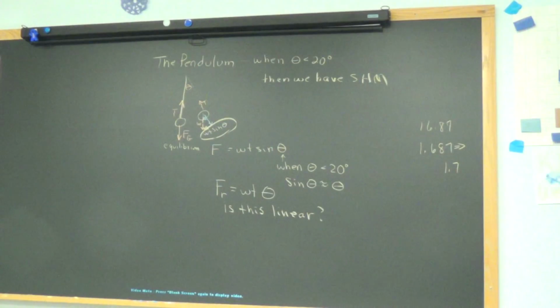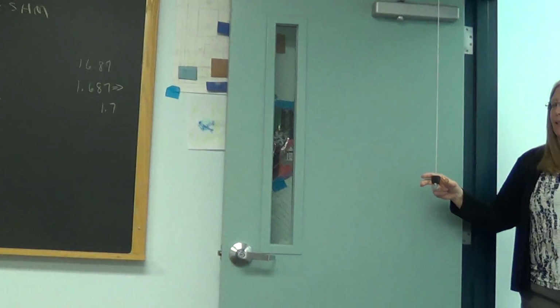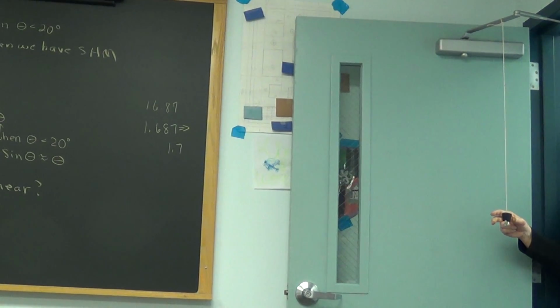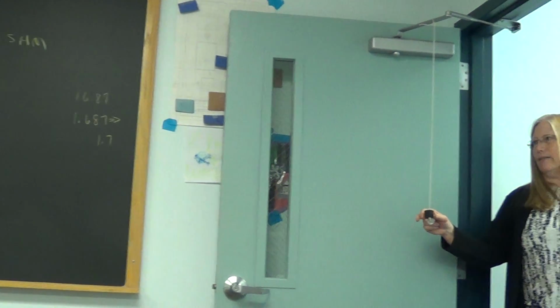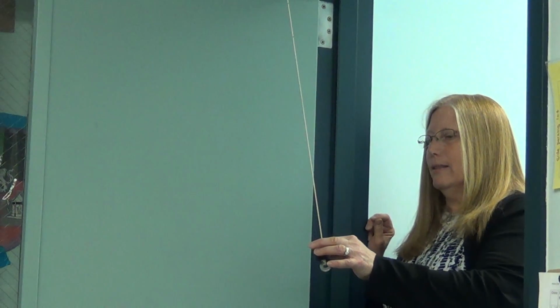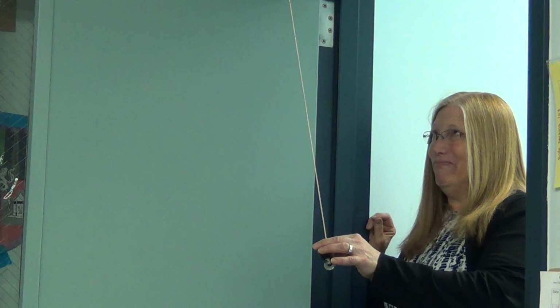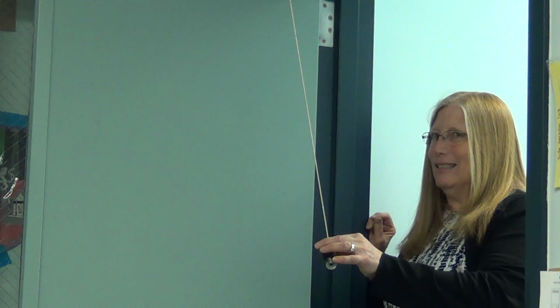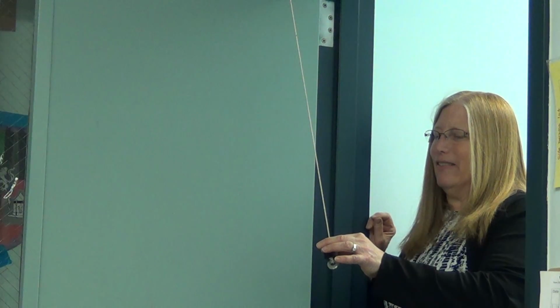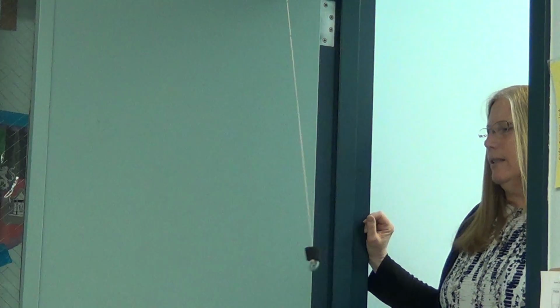Alright, I'm going to try to pull it a little further this time. So we are expecting the same thing if it's simple harmonic motion. Ready? I'll go 3, 2, 1, start. Is that more than 20 degrees? 20's not very far. I think it's fine. Ready? 3, 2, 1, go. 1, 2.